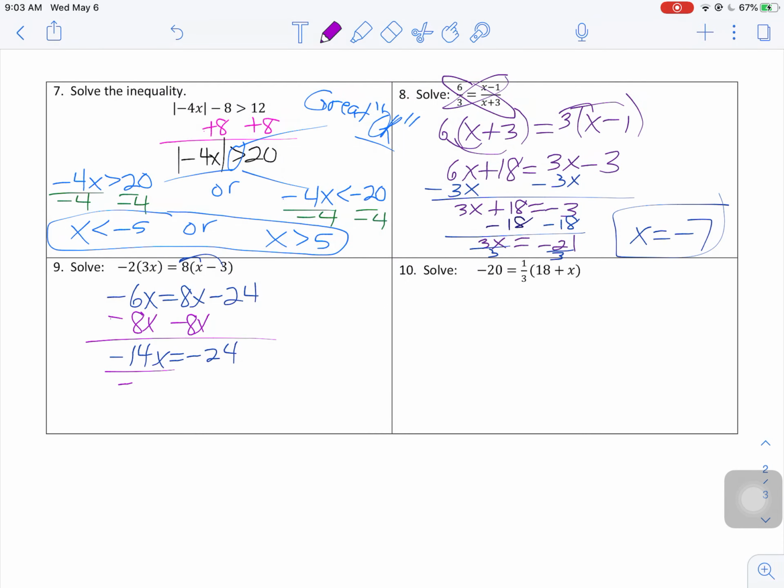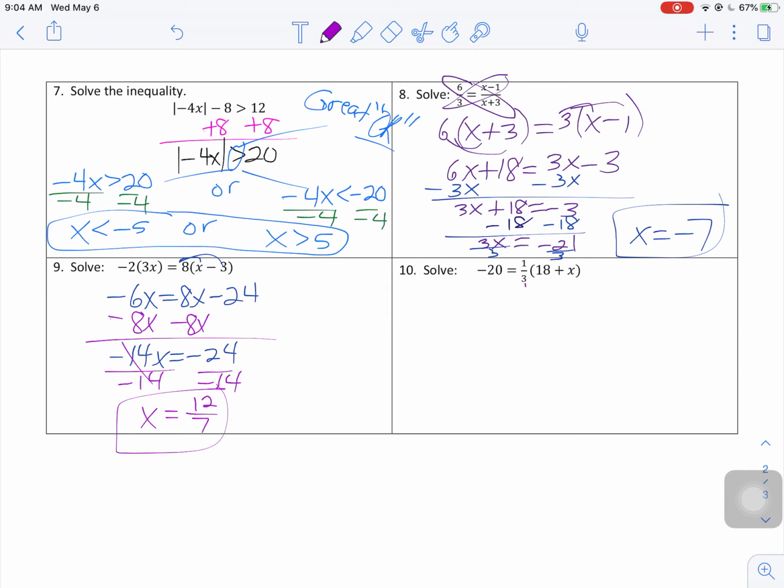And then divide both sides by negative 14. And then at the end here, reduce the fraction. So 24 and 14 are both divisible by 2, and the negative divided by a negative cancels out. So 24 divided by 2 is 12, 14 divided by 2 is 7, so we should get 12 sevenths.